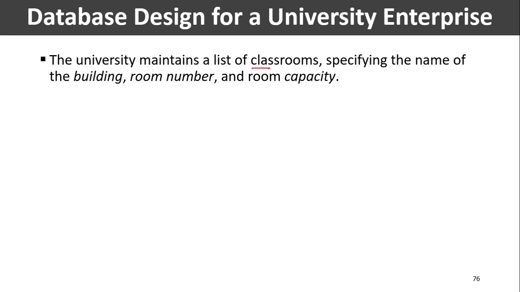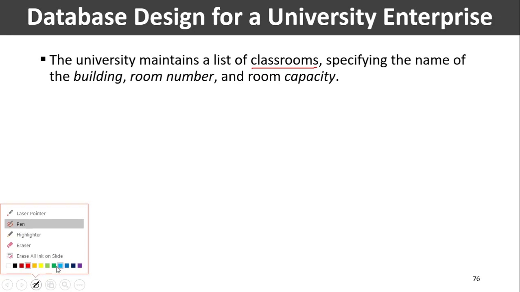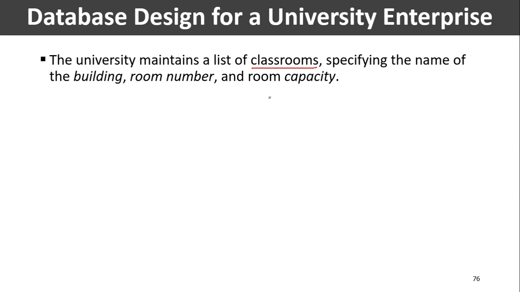So we may identify that classrooms would be one of the entity sets, specifying the name of building, room number and room capacity. So once again the attributes are being mentioned: name of the building, room number and room capacity. These would be the attributes for the classroom entity set.